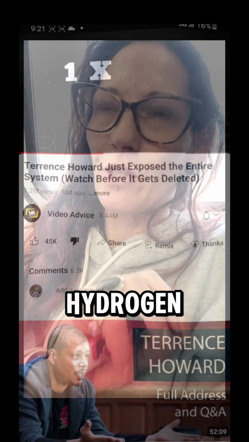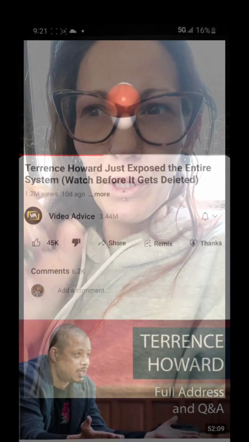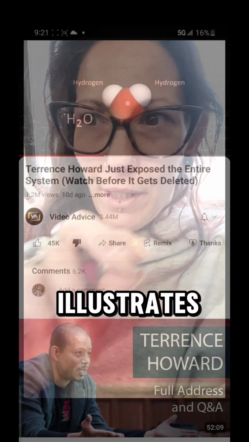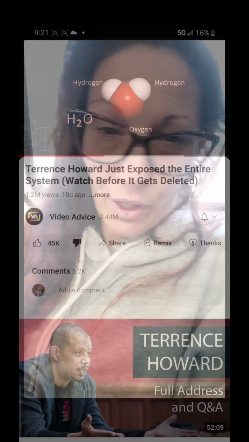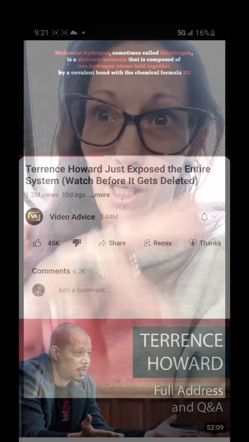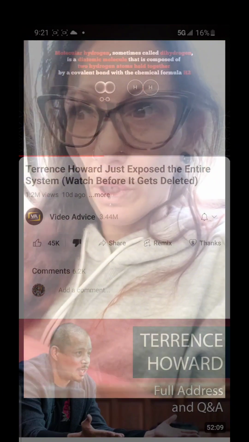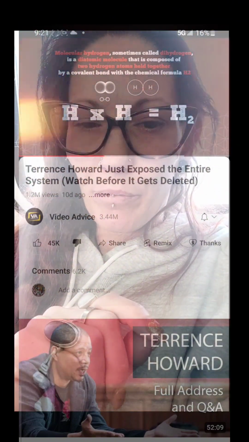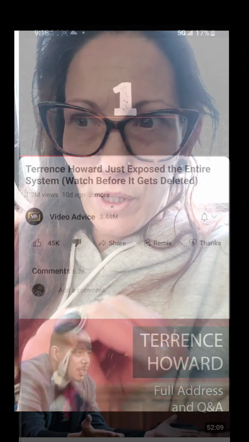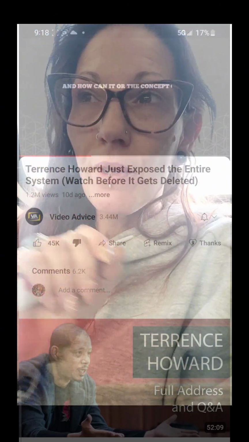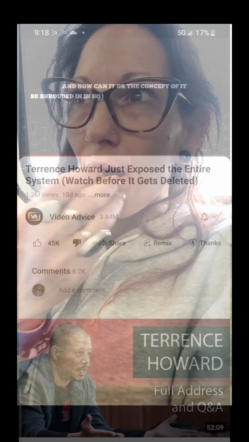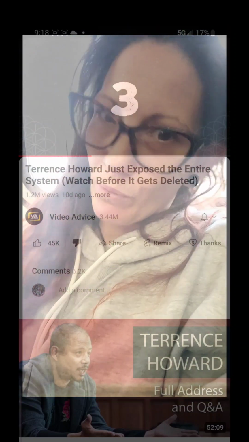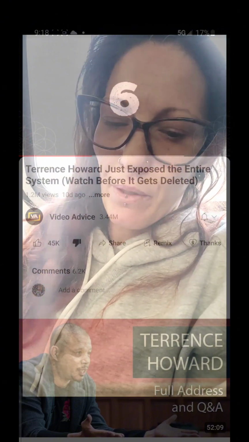Now, if you take hydrogen times hydrogen, you're not going to get less hydrogen, you're going to get H2 with multiply. So he proved, by using 1 as a hydrogen symbol, that 1 times 1 is not 1.